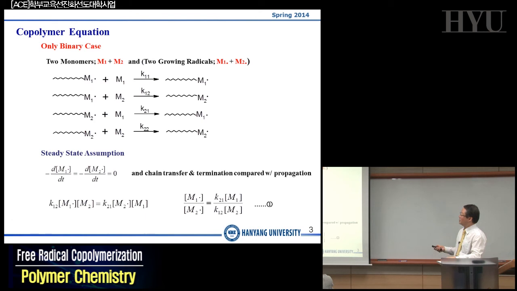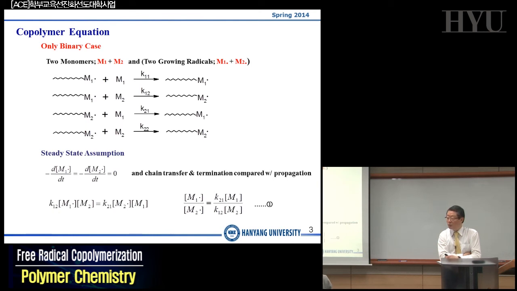So in this slide, we need to know we have 4 cases, because we are dealing with 2 monomers and 2 growing radicals, and we defined K11, K12, K21, and K22. And in the steady state assumption, the rate of disappearance of M1 dot and the rate of disappearance of M2 dot will be the same.